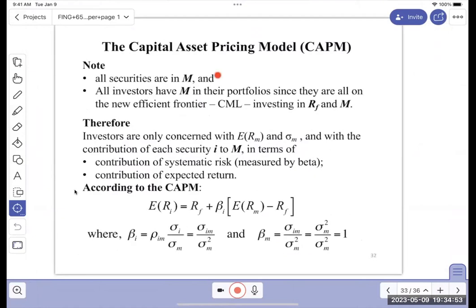So all securities are in M, and all investors have M in their portfolios since they are all on the new efficient frontier, the CML. And they're investing in both the risk-free T-bills and the market portfolio.